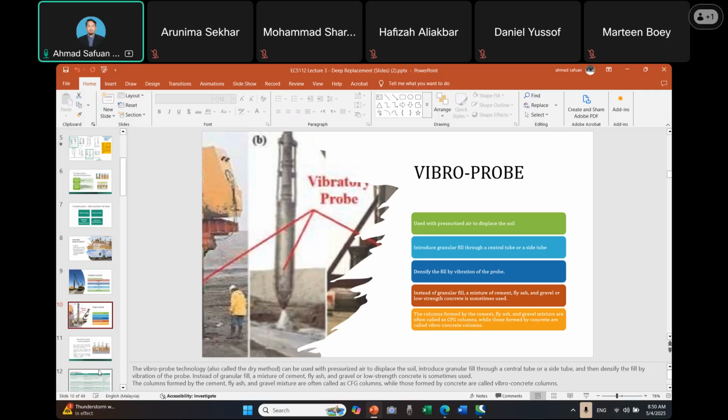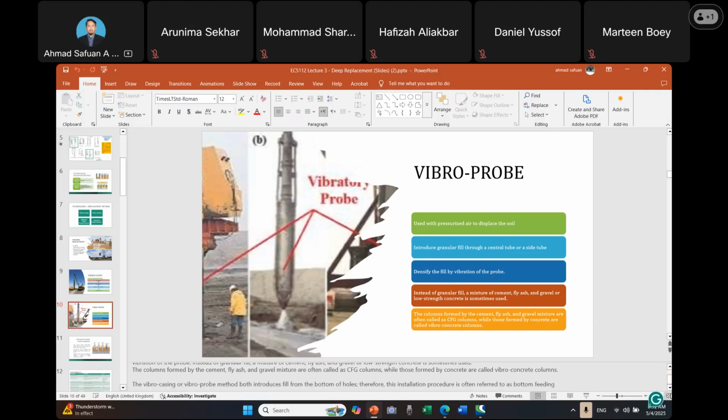So the vibro probe technique, also called the dry method, can be used with pressurized air to displace the soil, introduce the granular fill through a central tube or a side tube, and then densify the fill by vibration of the probe. So that is the method of the use of the vibro probe.